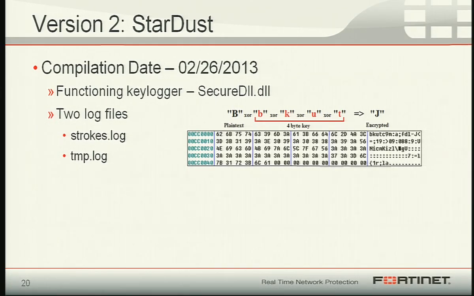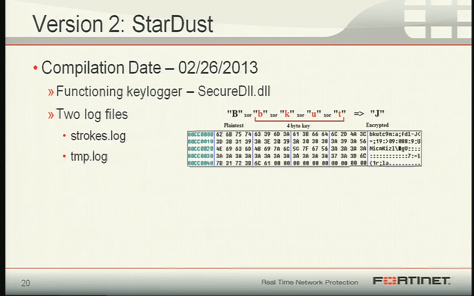This keylogger follows the original Windows model, where SetWindowsHook is called to install global hooks. These hook procedures are included inside the secure DLL.dll file that we saw dropped in the live demo, where the keystrokes will be logged into 2 log files, stroke.log and temp.log, both of which are encrypted, but the encryption is very simple. An example is seen on the right.